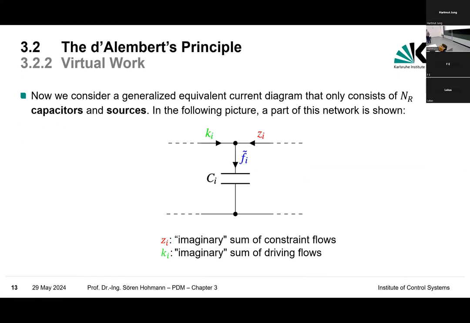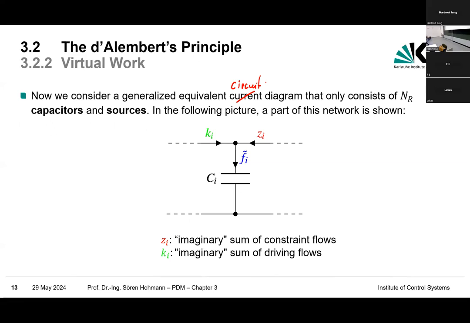Now, let's start it like this. I just want to start with a simple system, which is a network, and here's a typo, it should be circuit. So suppose you have an equivalent circuit which consists of just capacitors, to make it simple, and sources.